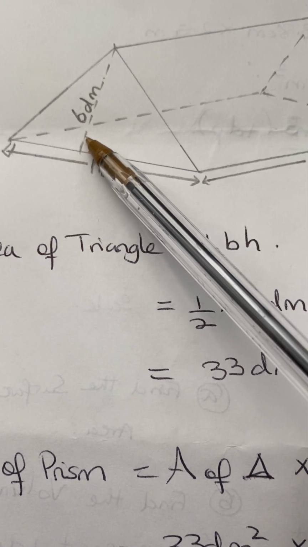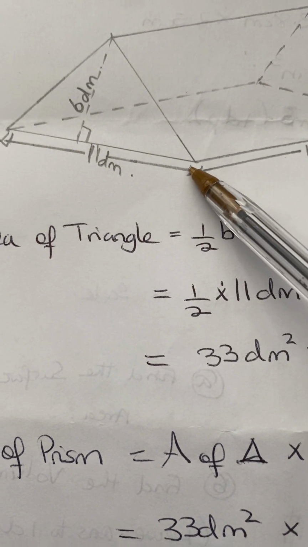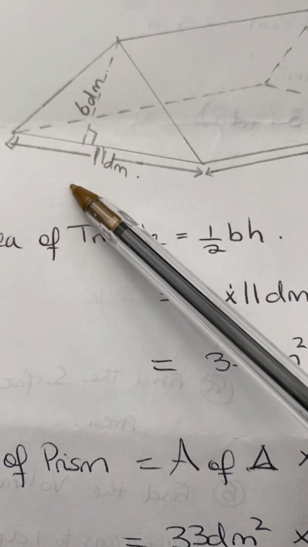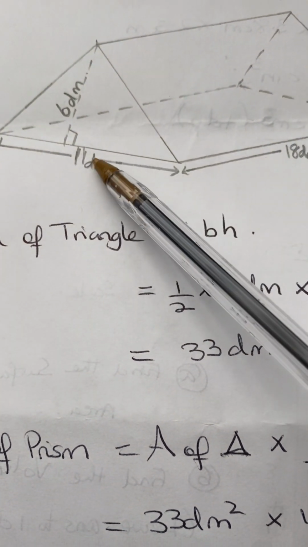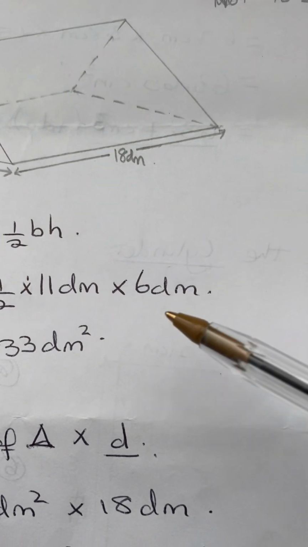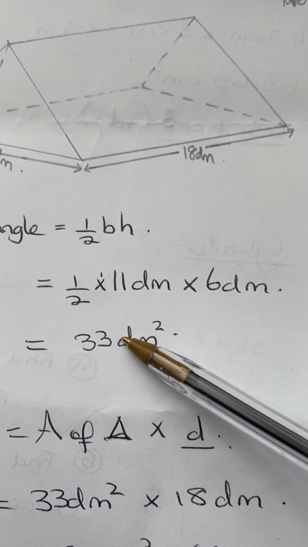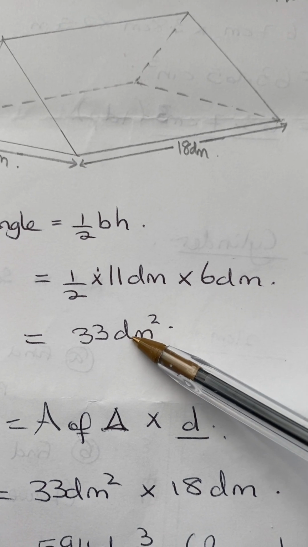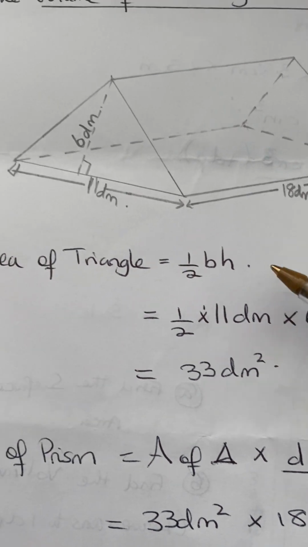It should make 90 degrees with the base. So half times 11 times 6, and it's all in decimeters. So the answer, if you do it correctly, is 33 decimeters squared.